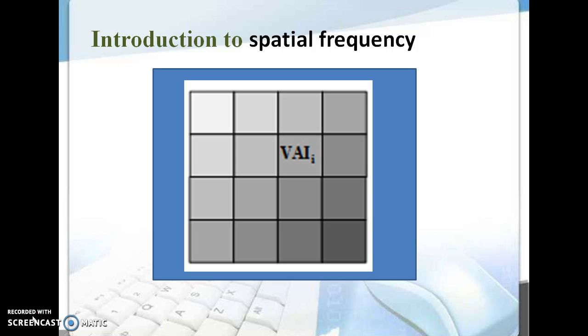The graphic shown in this slide gives us a clear picture of a low spatial frequency image, wherein we can clearly observe that the tone of the image changes from black to white as we move from bottom to top. The bottommost row of elements is depicted in black color, as can be seen in the image.